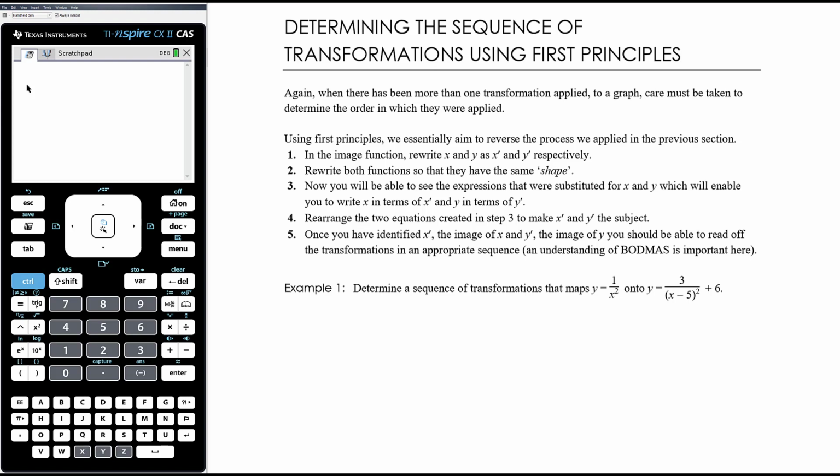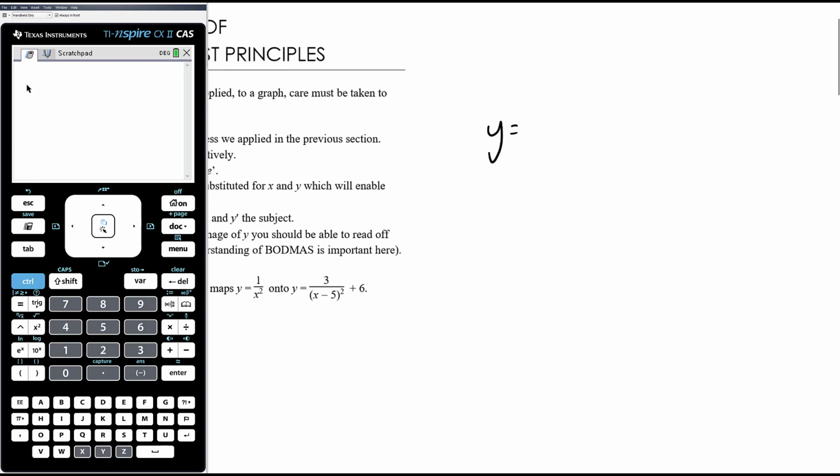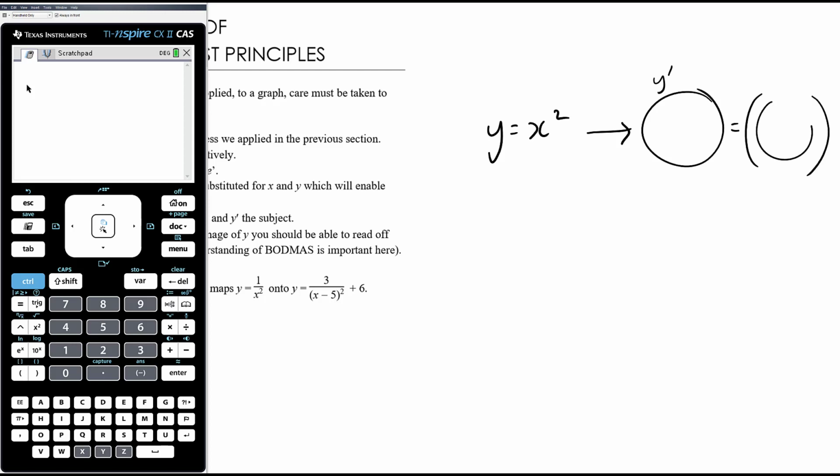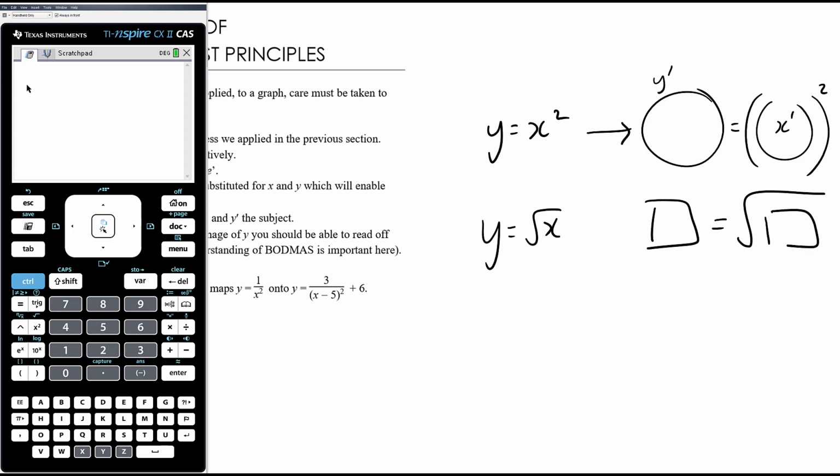The next step is to rewrite both functions so that they have the same shape. I'll talk loosely about that, but let's say your original function is y equals x squared. Then you want your image function to be something involving y dash equals something involving x dash all squared. Okay, so it still needs to have the same shape. If your original function is y equals root x, then your other one needs to be something equals square root of something, with x dashes in here and with y dashes in here.